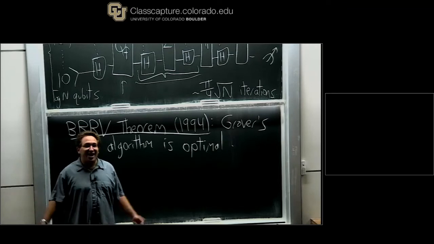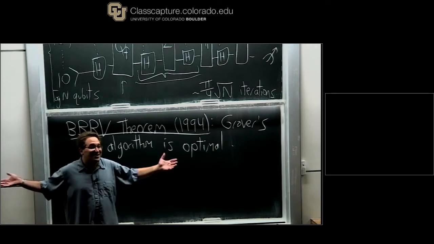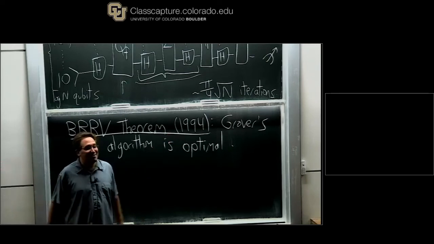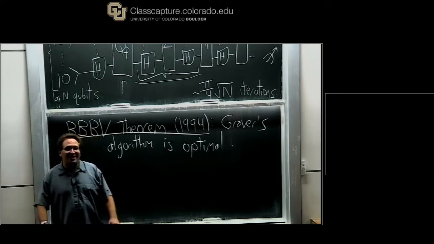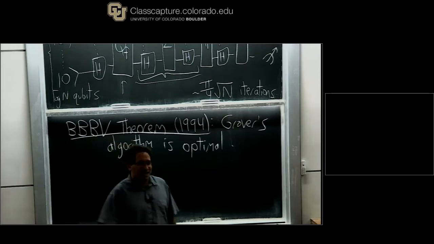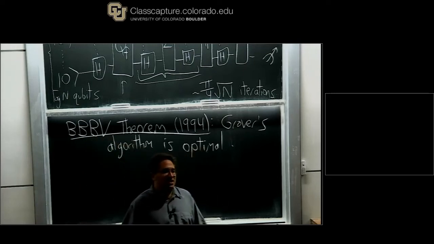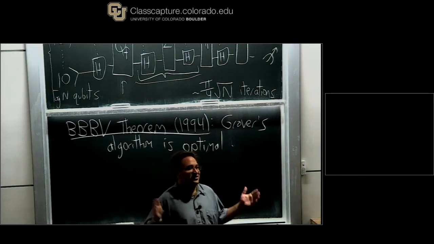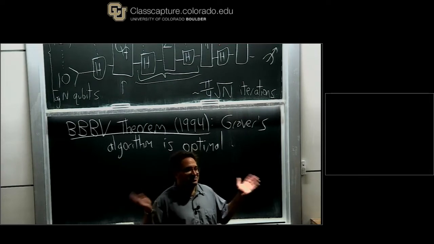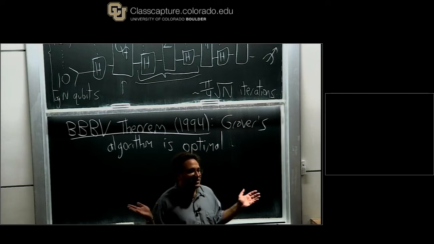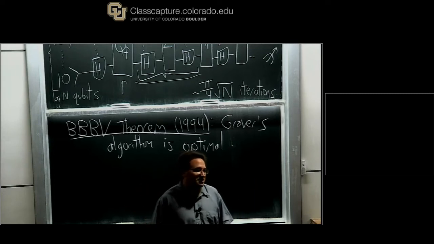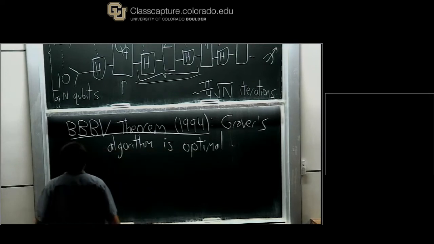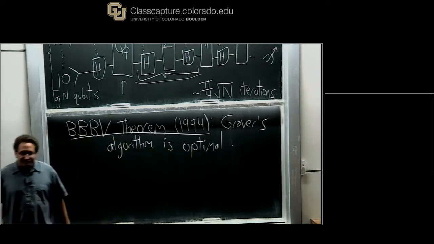It's not ruled out by any law of physics that I know, but you would have to build it, and it looks hard to do. On the other hand, in that setting, the advantage of Grover's algorithm is provable. Classically, you just need n time, full stop, and quantumly you could do it with only square root of n. Okay, so now the BBV theorem.